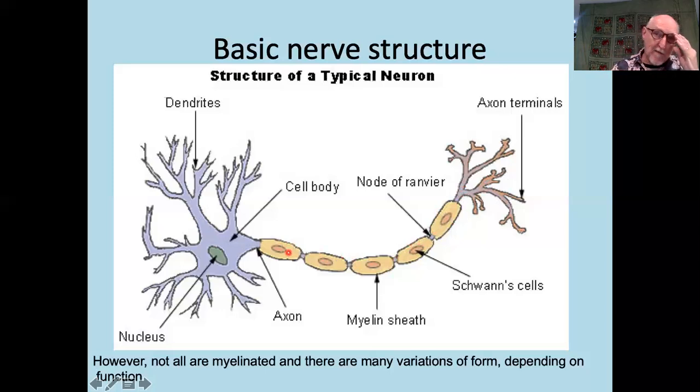I'll just mention one thing. You will have, I'm sure, heard of diseases where people start to lose muscle tone. They lose the ability to contract their muscles and that sort of thing.